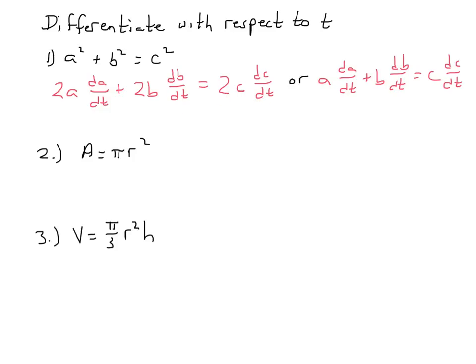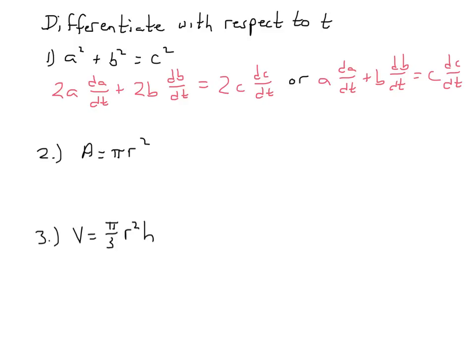Now, one of the things I do on a problem like this is I'll divide through by 2 just to eliminate those 2's. Anything common that's going to just get in the way, constants like that, just get them out of the problem. And so I get a times dA dt plus b times dB dt equals c times dC dt.